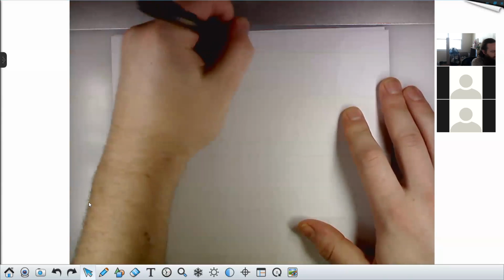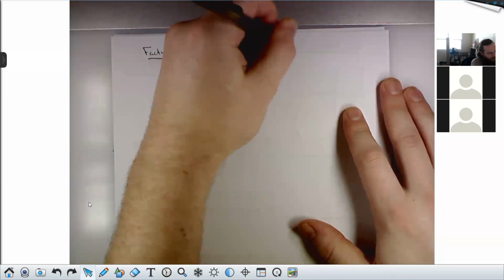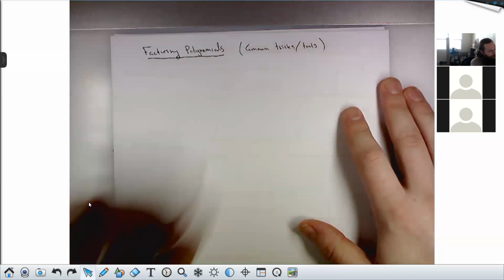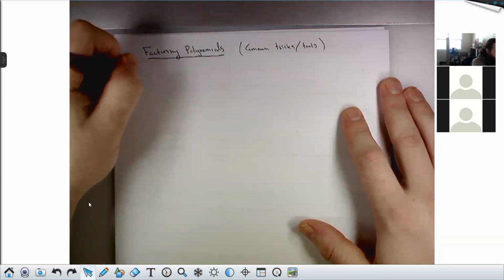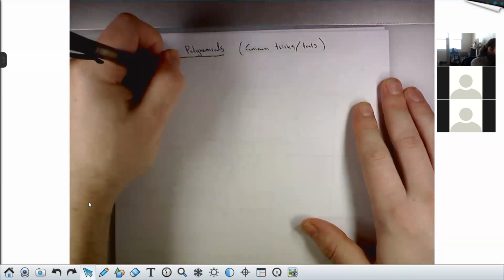Some common tricks, or tools. First, you can factor the GCF.